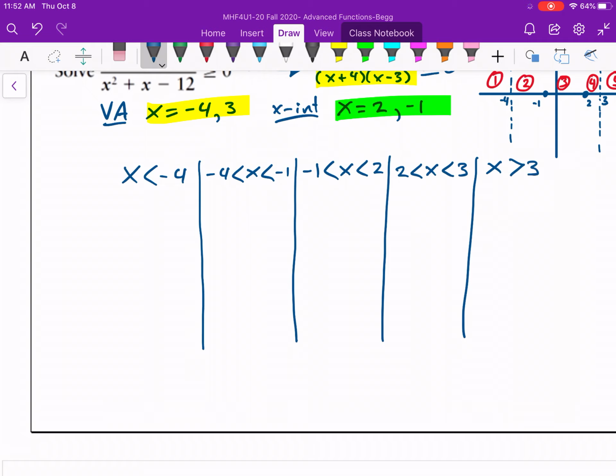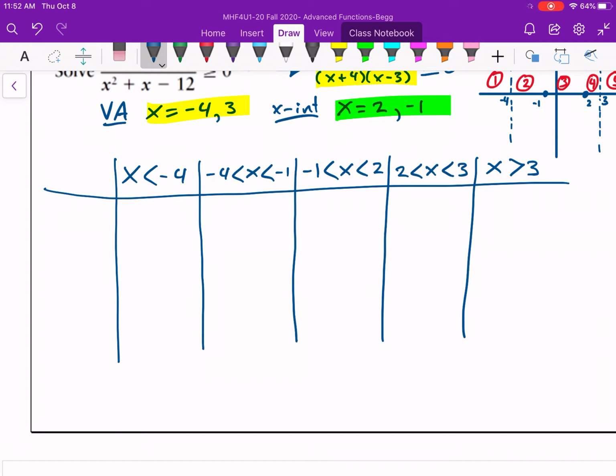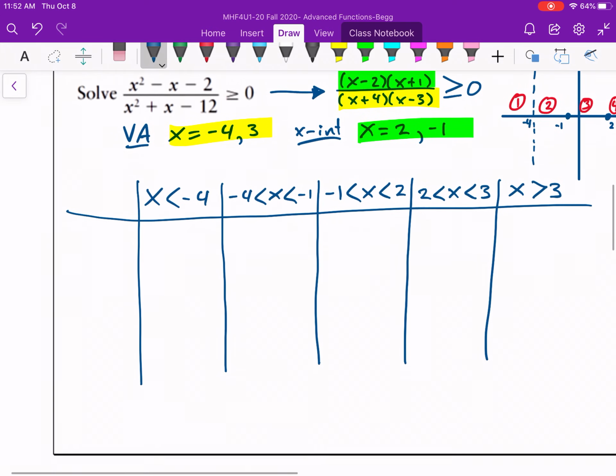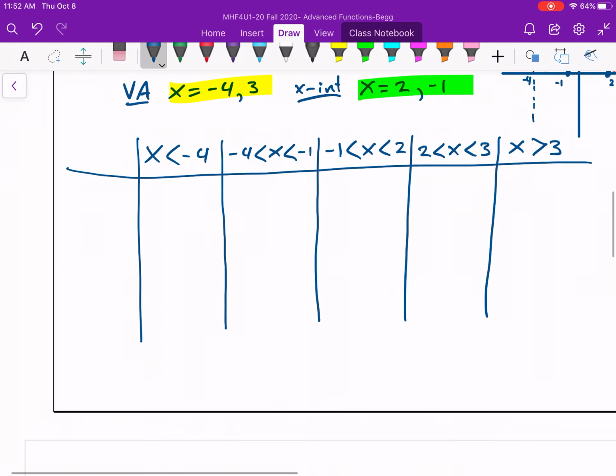5 columns. And then the rows are going to be, remember, I'm trying to decide whether things are positive or negative overall. So what I need to consider is all the different factors that are involved. So I've got x minus 2 and x plus 1.